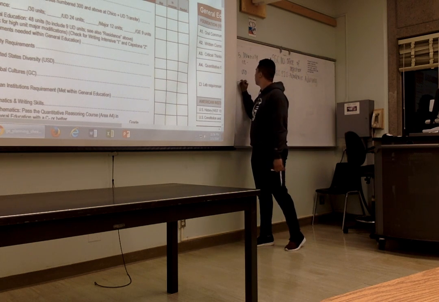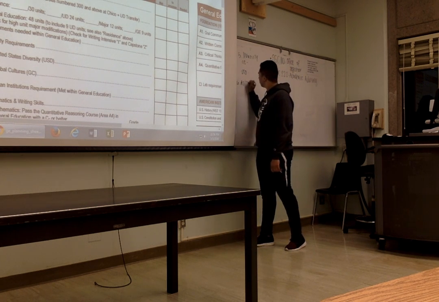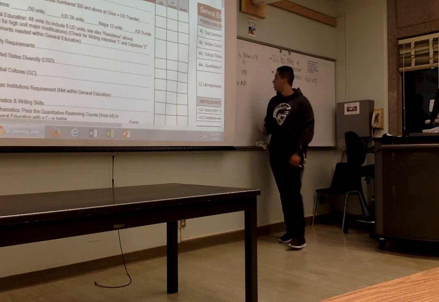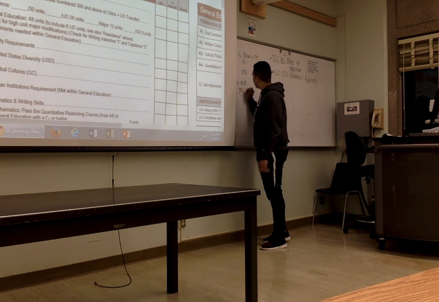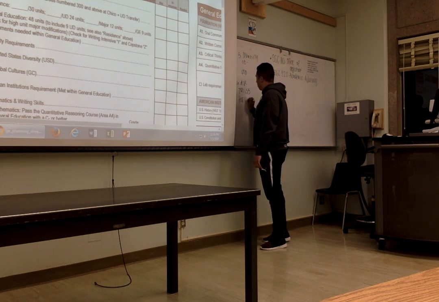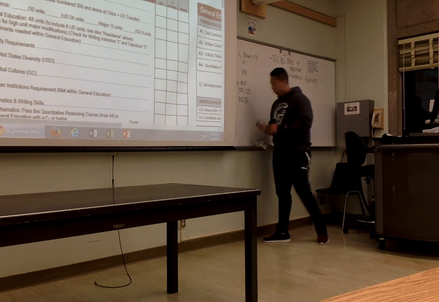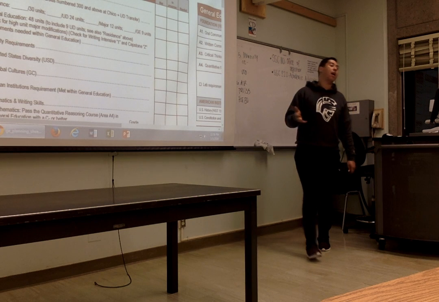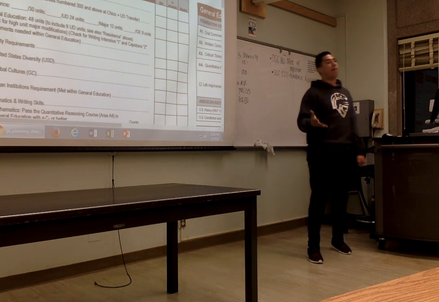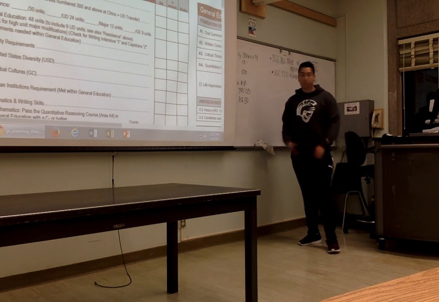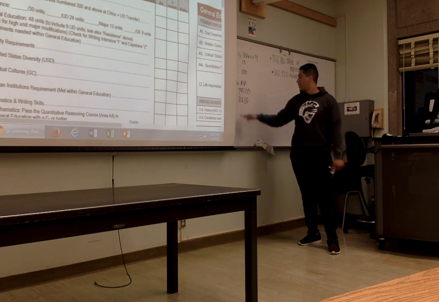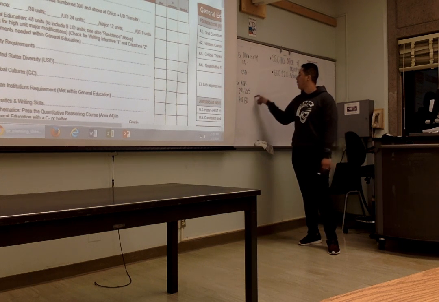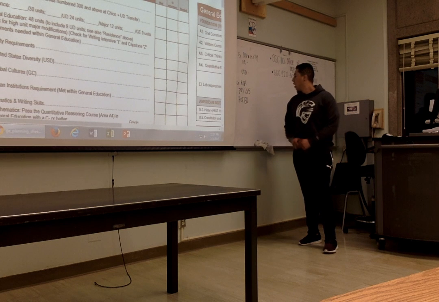Number 6 is your AIR, your American institutions. 2 courses as well. It's your political science, your Pols 155, and your history 130. I know some may have completed the AP exam for American history. That would count as your history 130. That means you won't have to take that course.